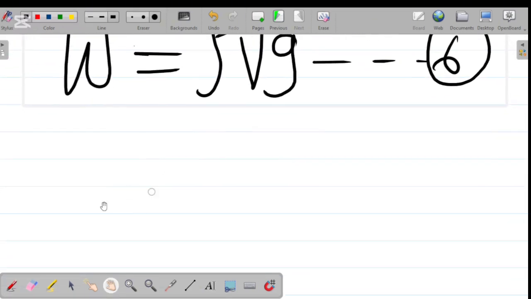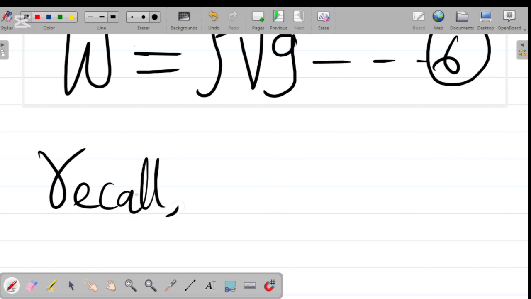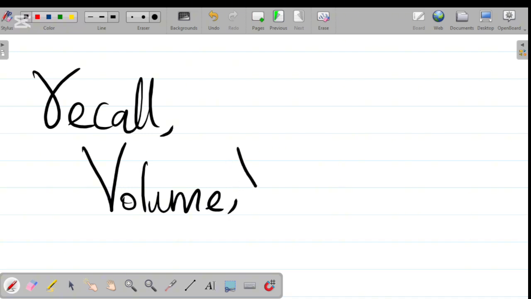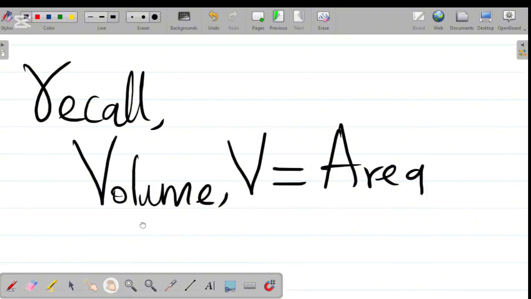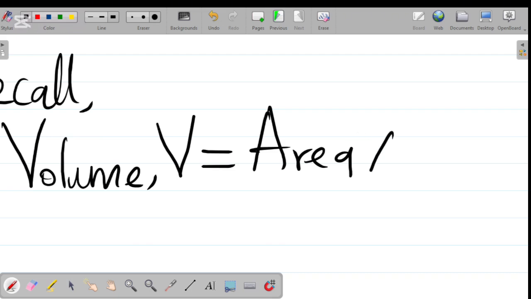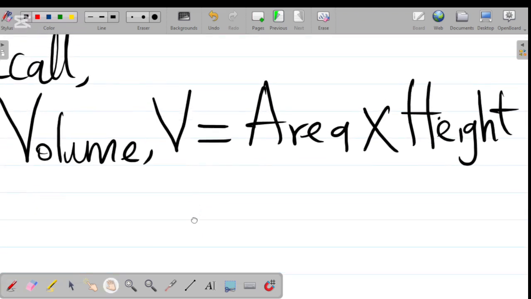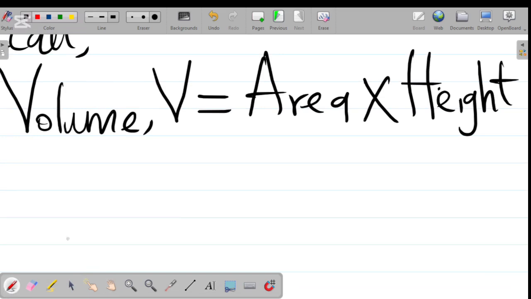All right, now recall that volume V is equal to area multiplied by height. And also remember that we are considering a circle.